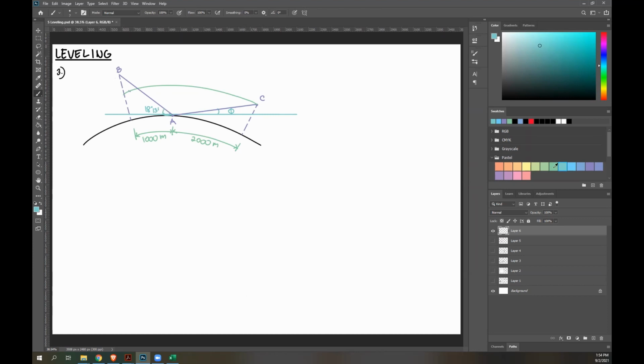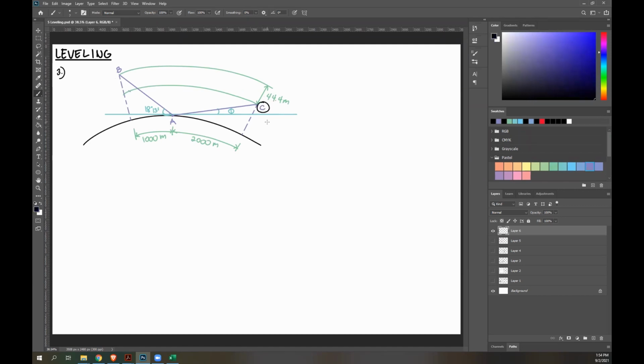And then this is the distance or difference in elevation between point B and C, this height. And then this is equal to 44.4. So this is our complete drawing.